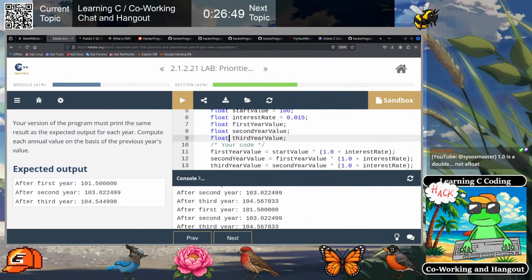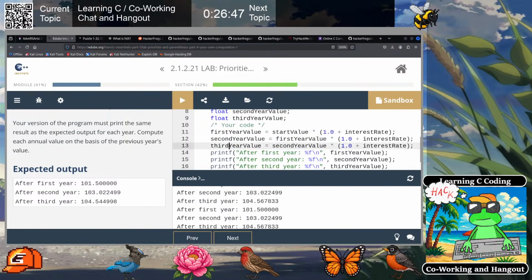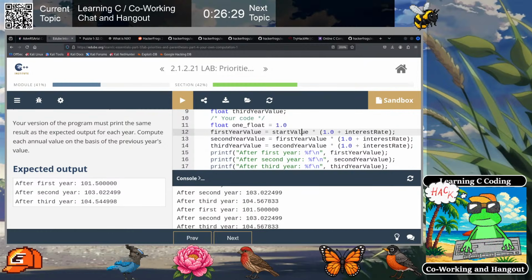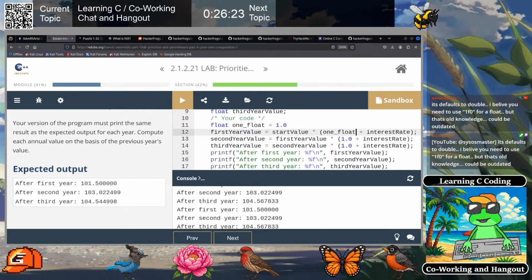So float third year value, and we're going to add an extra variable, float one equals 1.0. Okay, and we'll just do the interest rate plus the float one here instead, and see if that does anything different.